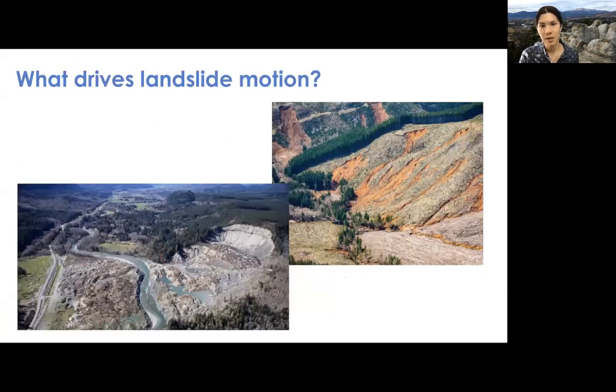So now that we understand what the main landslide types are, I want to flip to thinking about what drives this landslide motion, because this is going to inform us what the occurrence of each landslide type is in a particular landscape.